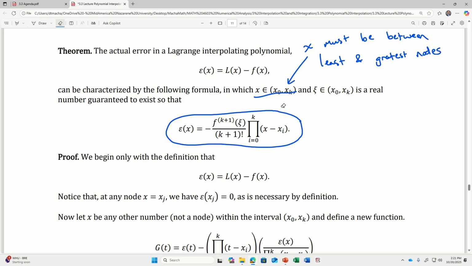We call the x values where we have the points where we're interpolating the nodes. And so this error formula only works in between the nodes. It does not tell you how the error is happening outside of the nodes. It doesn't apply to extrapolation.